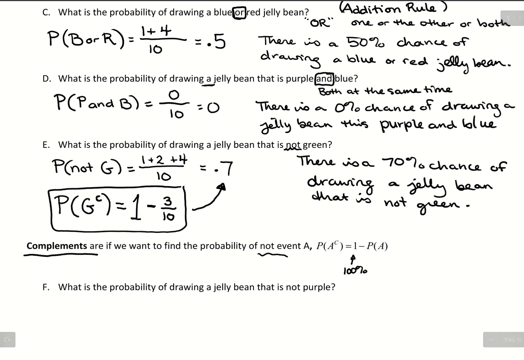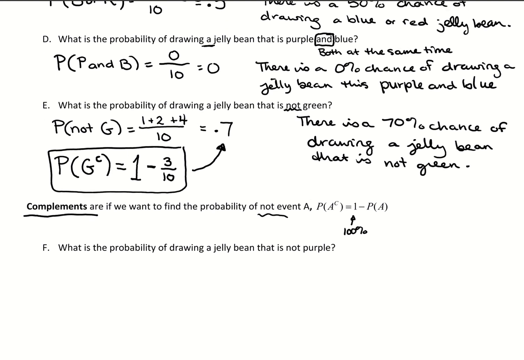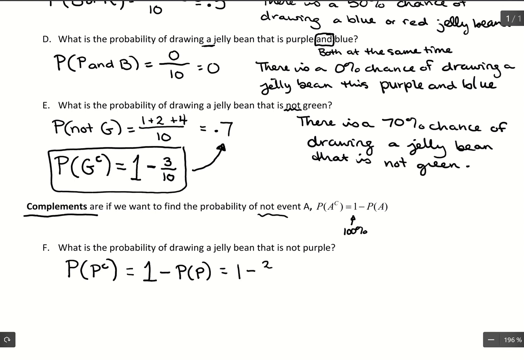So let's try that again, looking for what is the probability of drawing a jelly bean that's not purple. So we'd have probability of, so P parentheses, and then P with that little exponent of C. So probability of the complement of purple, you take 1 minus that probability of being a purple jelly bean. So we'd have 1 minus that 2 out of 10, which is 0.8.